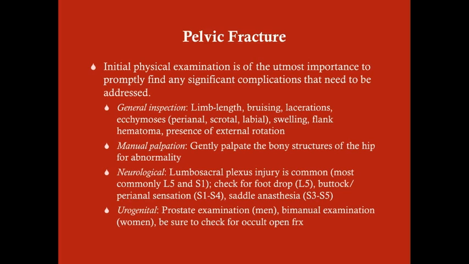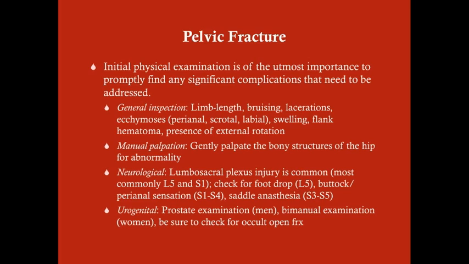The buttock and perianal sensation are supplied by the inferior cluneal nerve, and that receives its nerves from S1. So if there's any kind of numbness around the anus or in the buttocks, that indicates likely S1 damage.